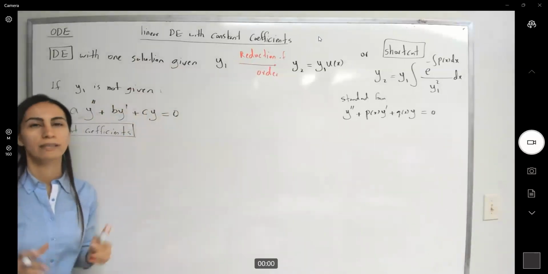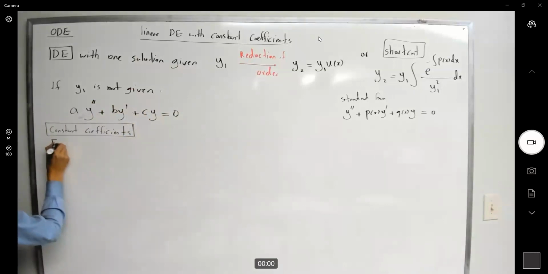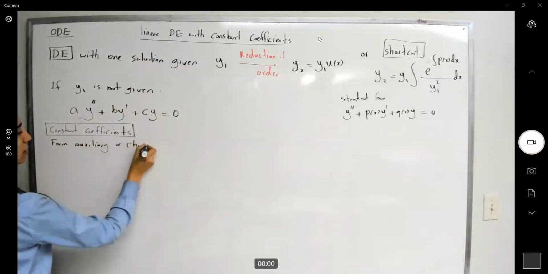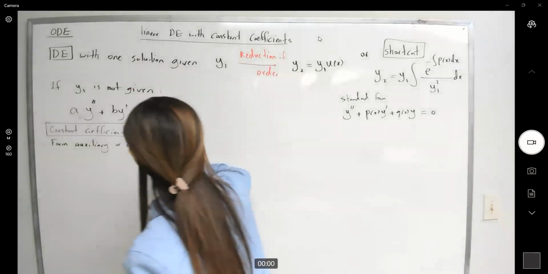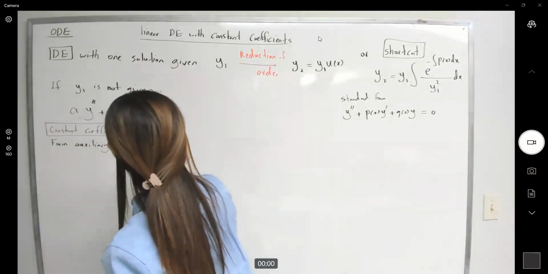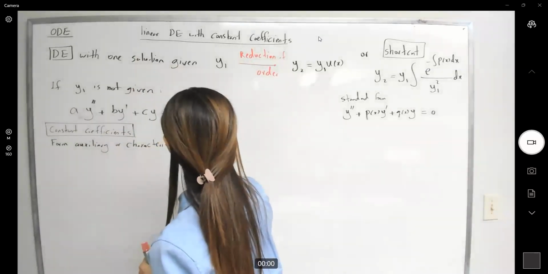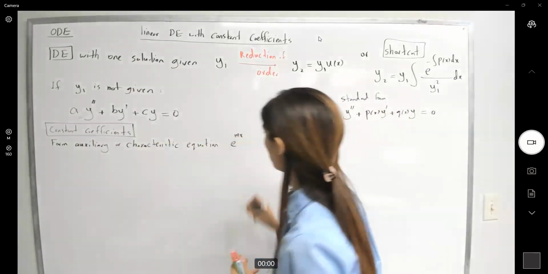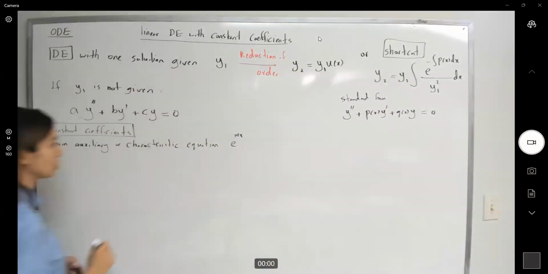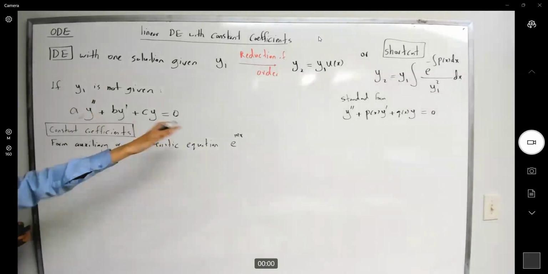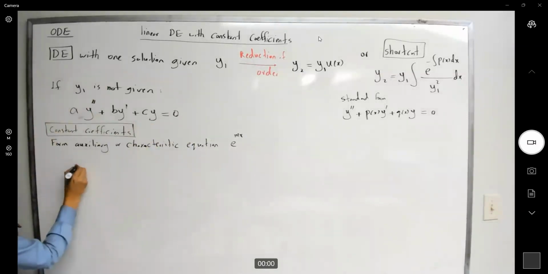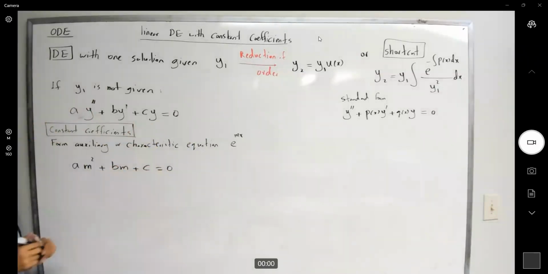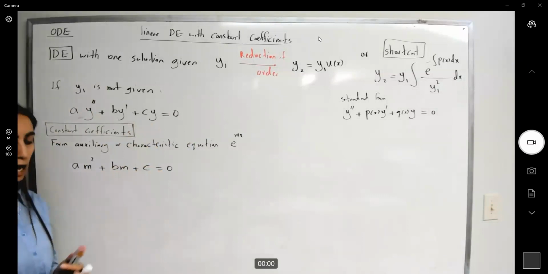In some other books, they call it the characteristic equation. It comes from the fact that e to the power mx is a possible solution for these types of differential equations. By taking the first derivative, second derivative, and plugging into the differential equation, we have a m squared plus b m plus c equal to 0, which is nothing but a quadratic equation that we saw in algebra.